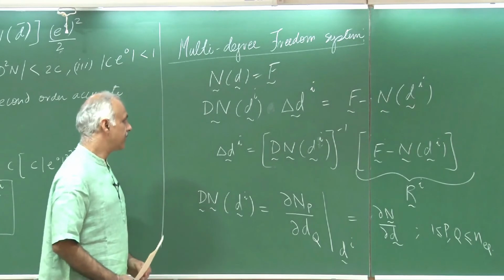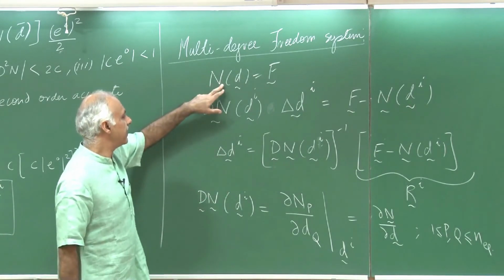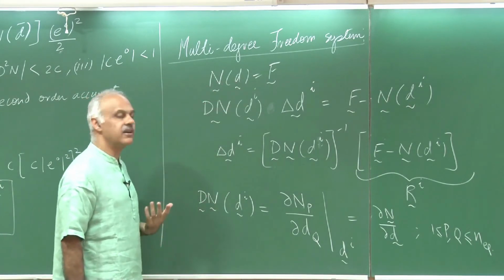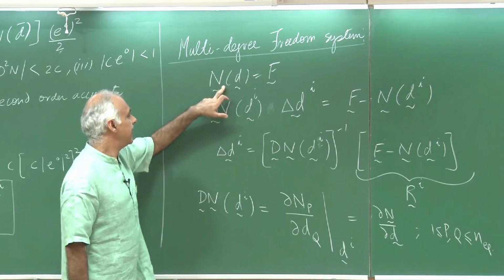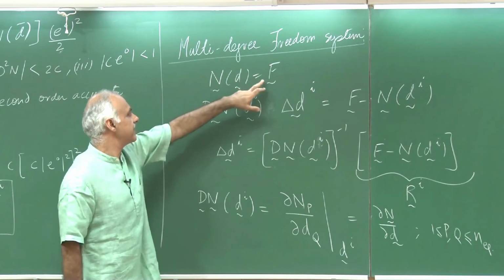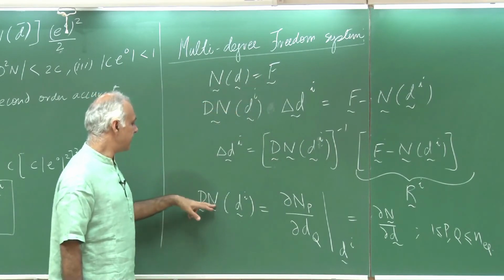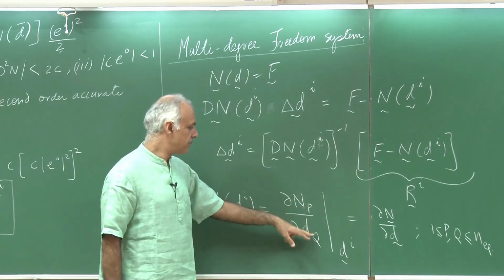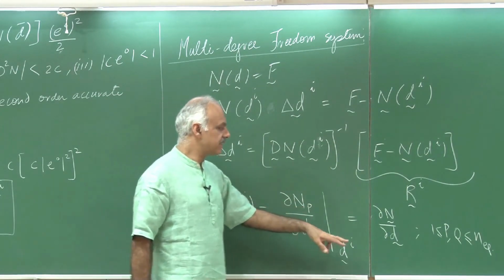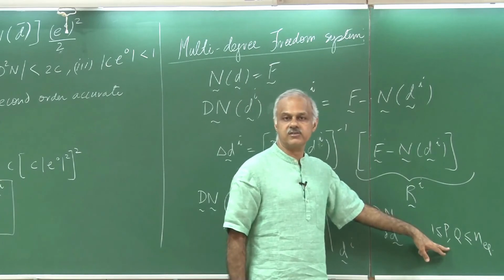Okay. So we are talking about N(d) equal to f. N of course is a vector, f is a vector, d is a vector, but dN is a matrix where each term pq, the index runs from 1 through number of equations. So it's a square matrix.